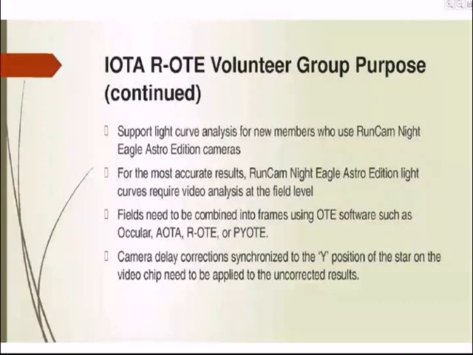Okay, so I mentioned that the idea was also to support the light curve analysis for new members who use the new RunCam Night Eagle Astro Edition cameras. It's a specialty camera that I'll talk about in another presentation. For the most accurate results from that camera, it has to have analysis of the light curve when the light curve is produced at the field level.